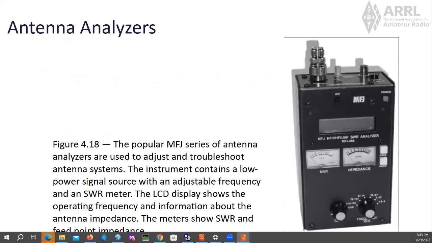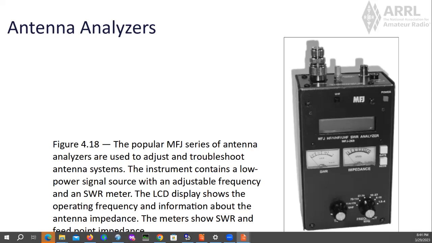Antenna analyzers. The popular MFJ series of antenna analyzers are used to adjust and troubleshoot antenna systems. The instrument contains a low power signal source with an adjustable frequency and an SWR meter. The LCD display shows the operating frequency and information about the antenna impedance, as well as the D'Arsonval meters on the front there.